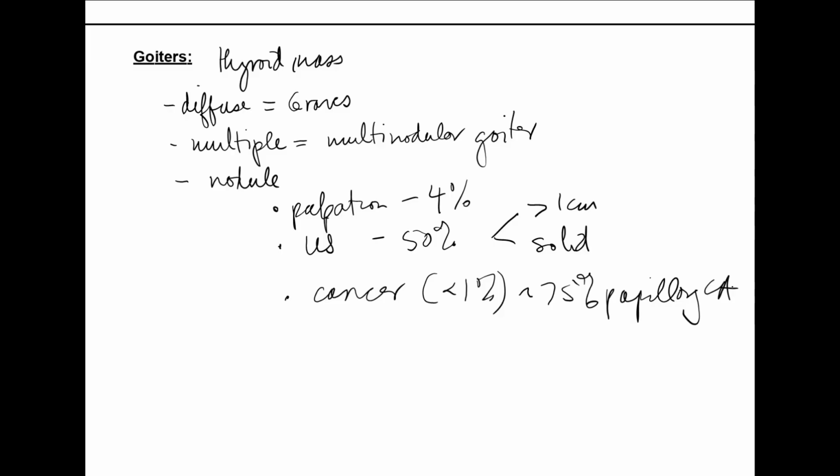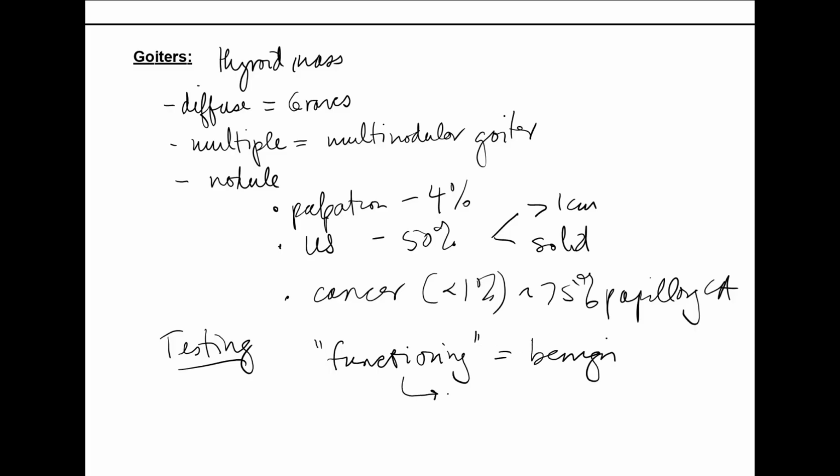When we talk about the testing, if it is functioning, meaning that it is producing thyroid hormone, then it is benign. Because functioning produces T4, the first test that we start with is going to be a TSH. If the TSH is low, it's because it's being suppressed by the thyroid, and functioning nodules are benign.